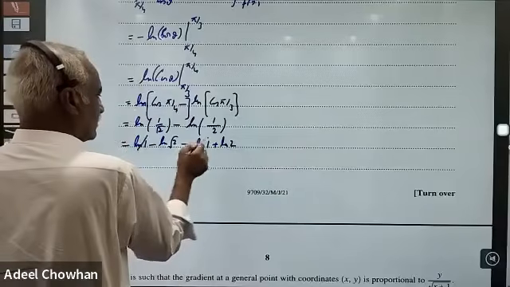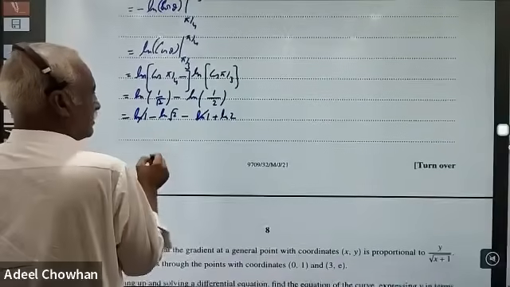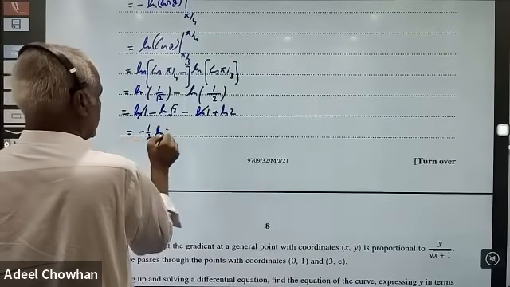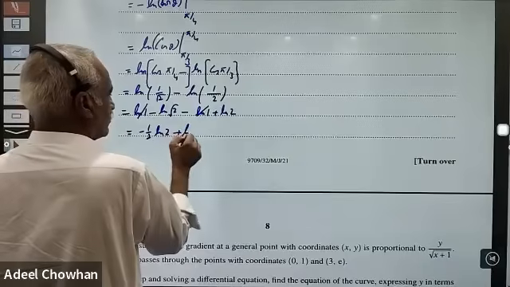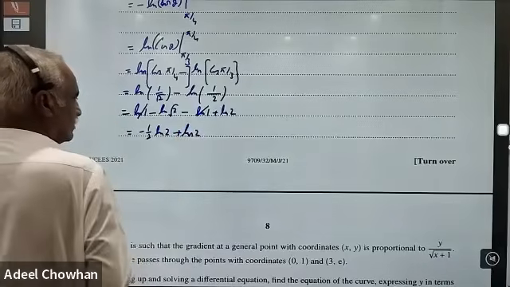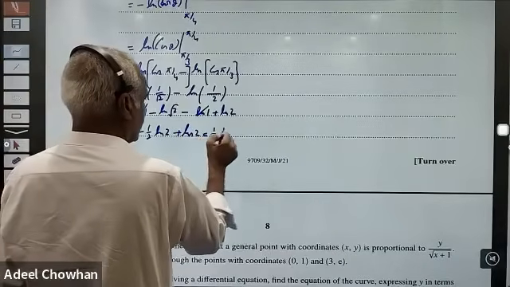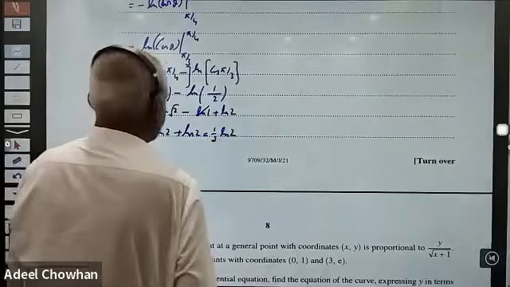So log of 1 and log of 1 cancel out. It should be equal to minus 1 over 2 log of 2 plus log of 2. So that is equal to half log of 2.